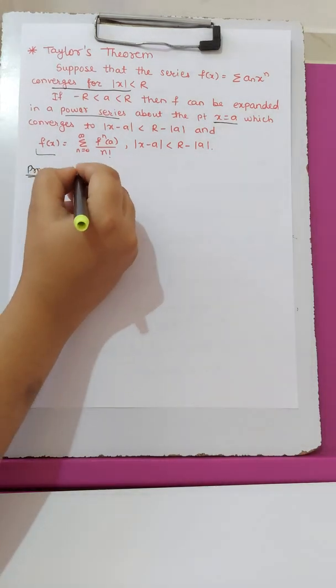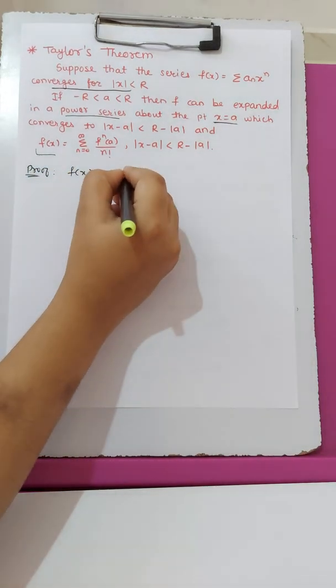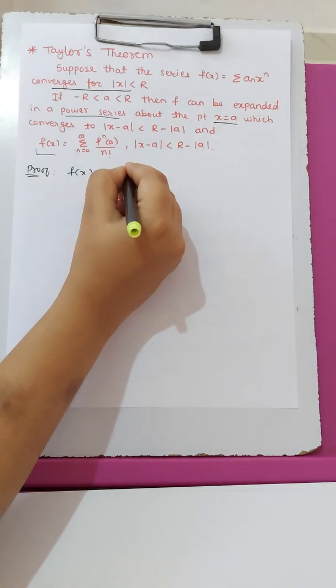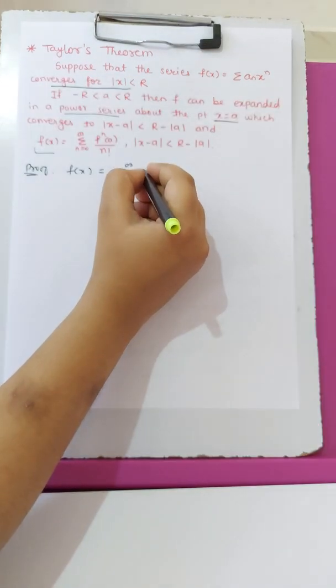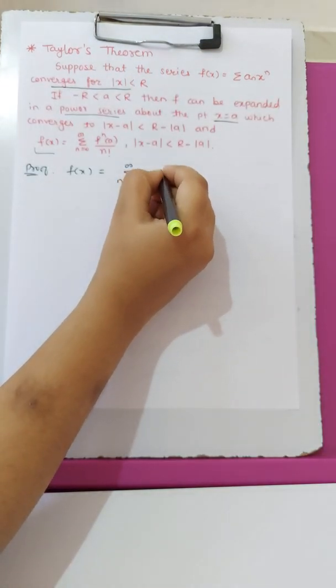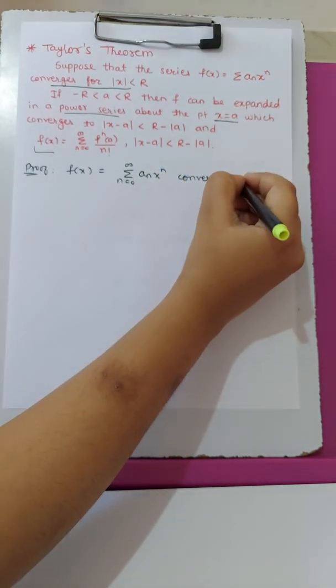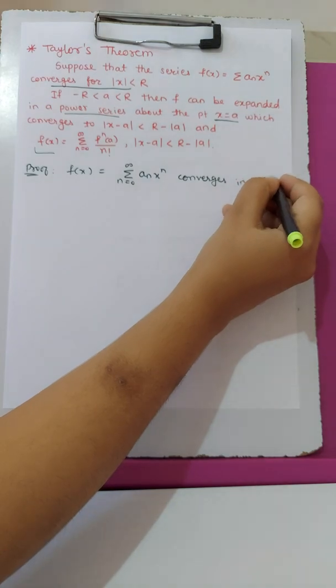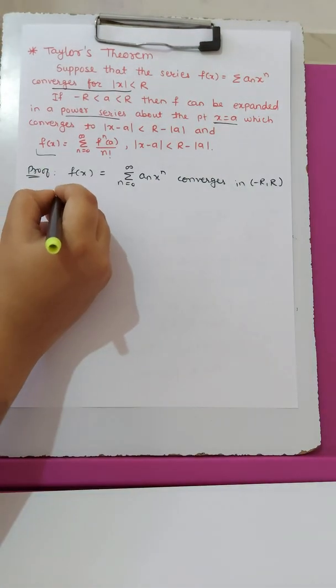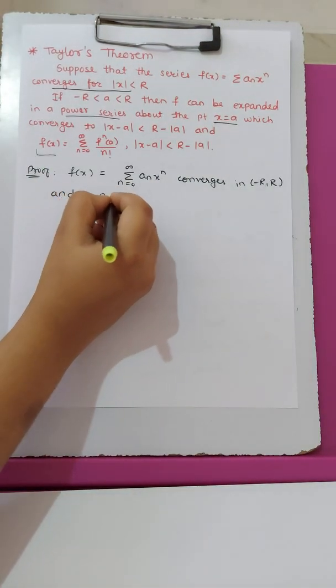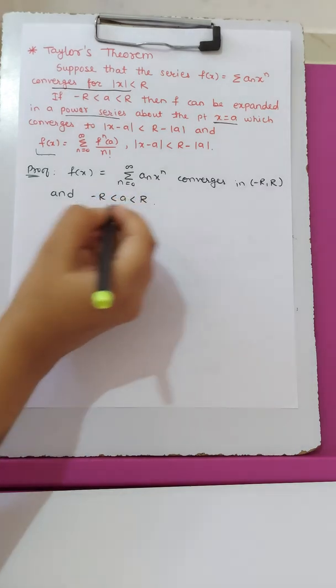So here f(x) is equal to summation n from 0 to infinity a_n x to the power n, which converges in minus r to r, and minus r is less than a, which is less than r.